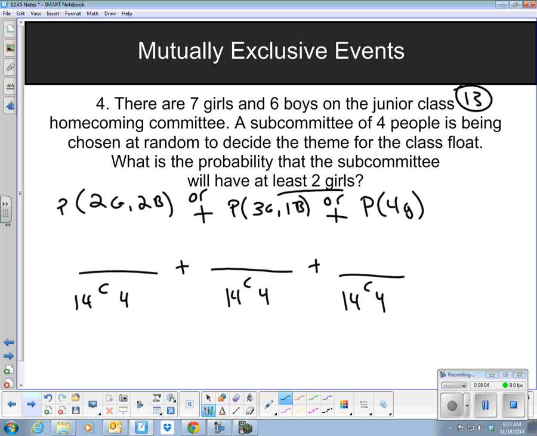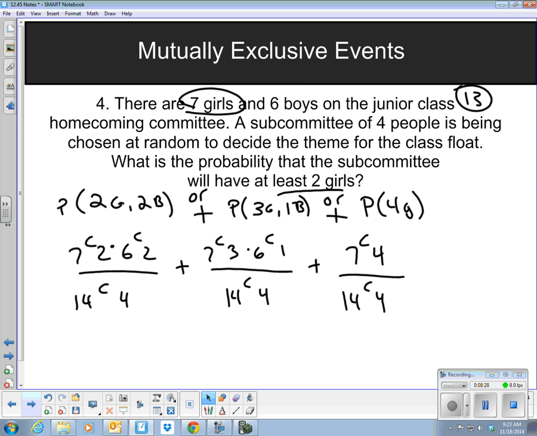Now my numerator is going to be a little bit different. So I'm taking 2 girls out of 7 and multiplying that by 2 boys out of 6. Now for the middle one, I get 3 girls and 1 boy. The last one is just 4 girls.